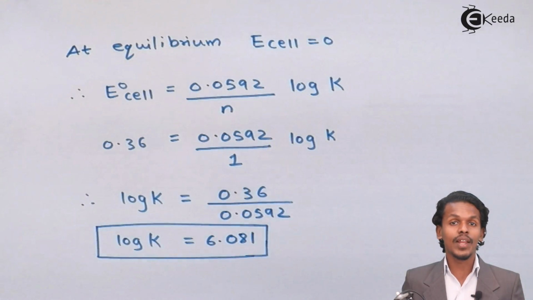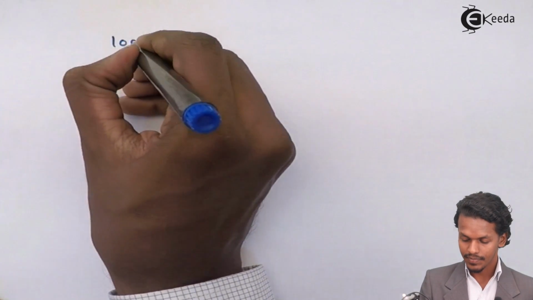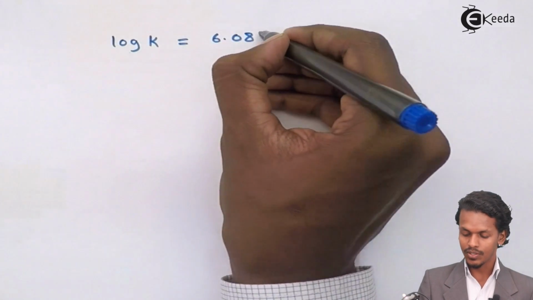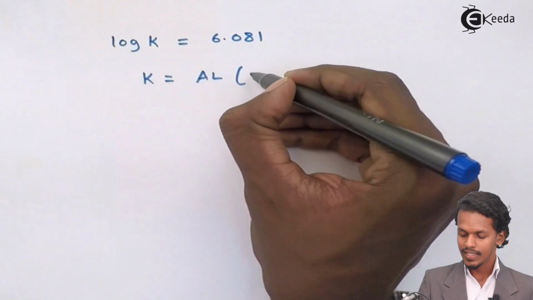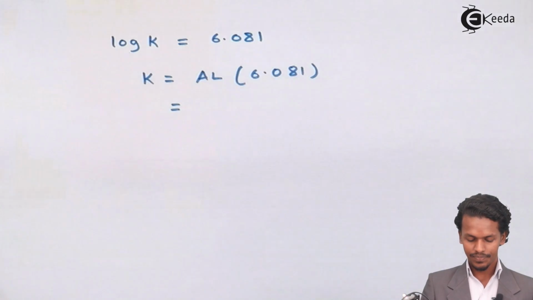But we have to calculate the value of K. So friends, recently we have calculated the value of log K, which was found to be 6.081. Therefore we can calculate the value of K as antilog of 6.081, and let us see the answer.